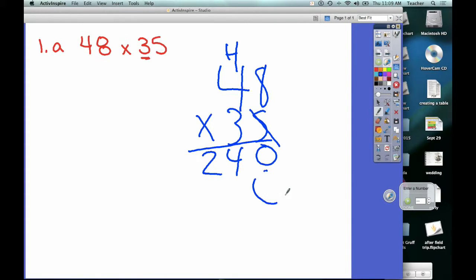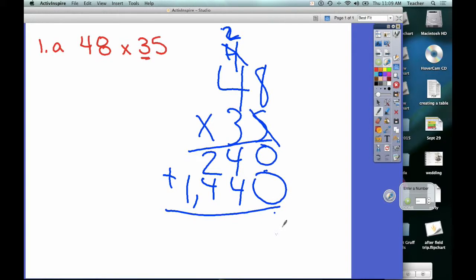Then you put a 0. Then you do 3 times 8, which is 24. So you put the 4, cross the 4, and put a 2. And 3 times 4 is 12, plus 2 is 14. And you add them, and that's your answer. Same answer?